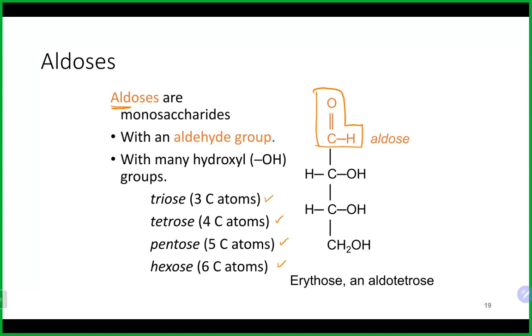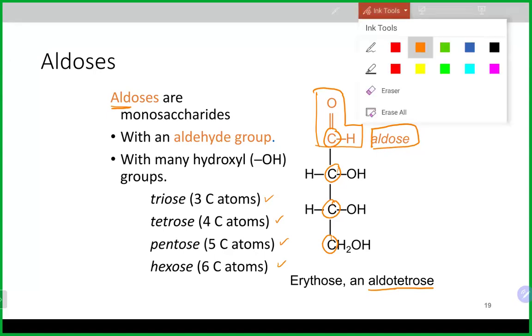So this particular one is an aldose because of the group that is there. It also has 1, 2, 3, and 4 carbons, which is why it's a tetrose. So this is sometimes referred to as an aldotetrose. Aldo because it has the aldehyde group on top, and tetrose because it has the 4 carbons.